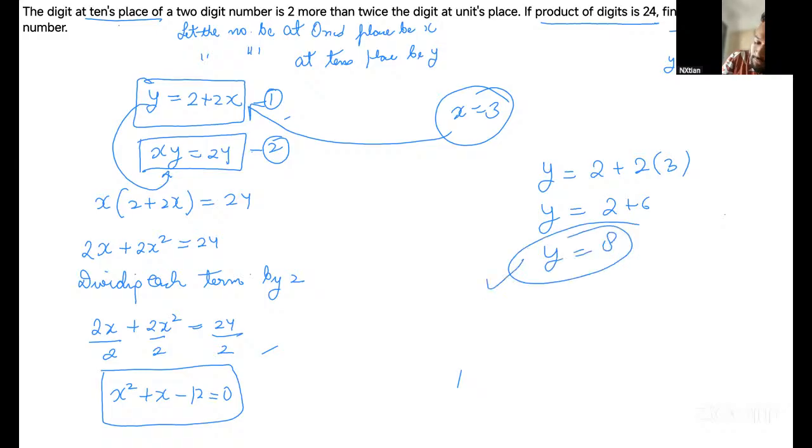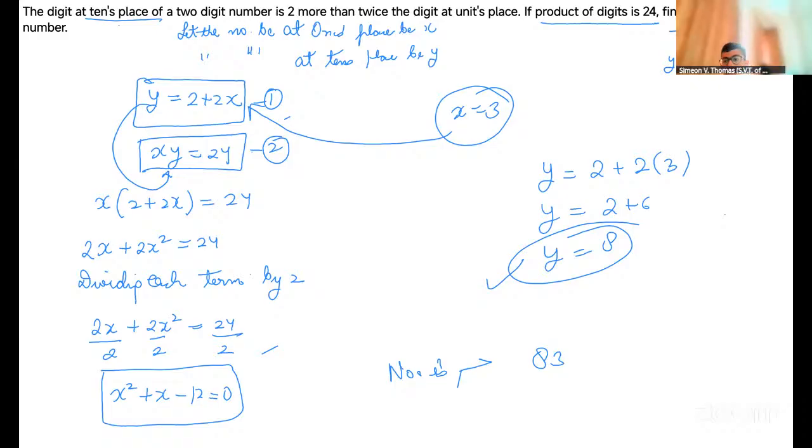So I got the number 83. You have to write this line also: the number is 83. I will not take the minus number. I will take the plus sign, then I will solve it and I will get this. Did you understand, guys? Yes, sir, I understood.